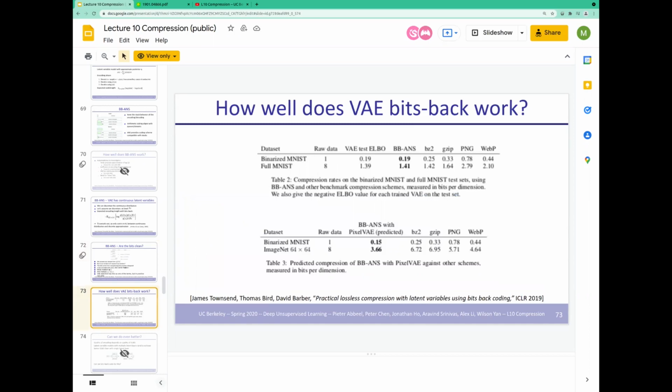So the question is, how well does it work? I believe these are the compression ratios, and this is the theoretical limit. 0.19 is the theoretical, and it reaches it, whereas the full MNIST, not the binary image but the actual grayscale one, is pretty close, 1.39 versus 1.41.